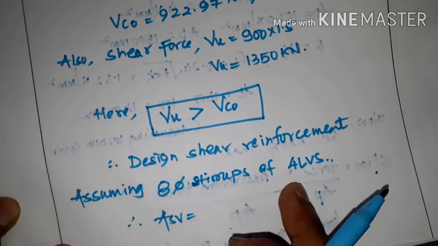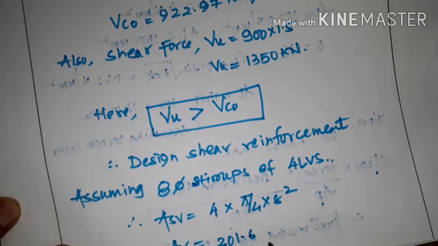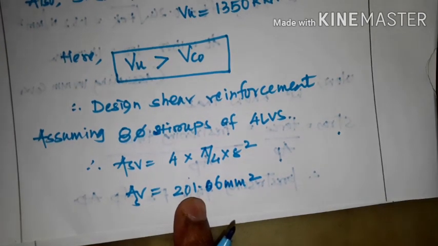So if you go for 4 legs, it will be economical and you will get exact spacing. So ASV is equal to 4 into pi by 4 into 8 square. So the ASV is 201.06 mm square.